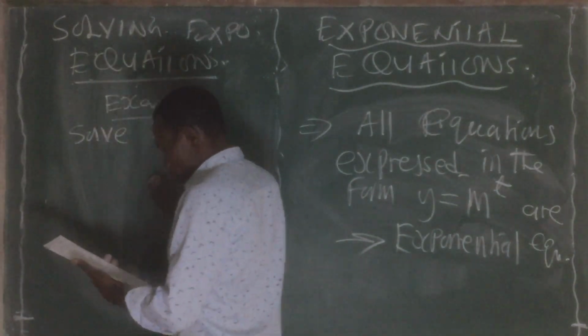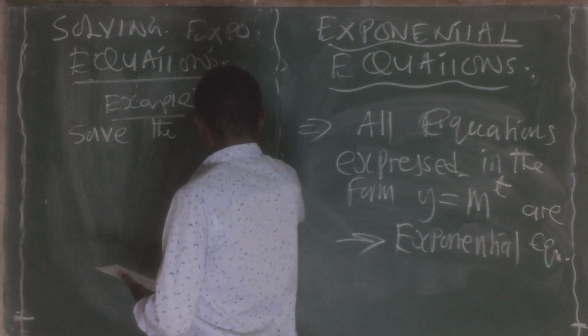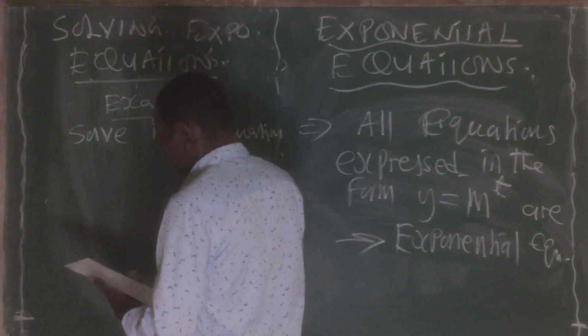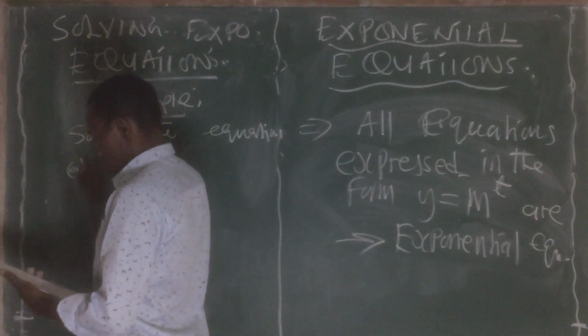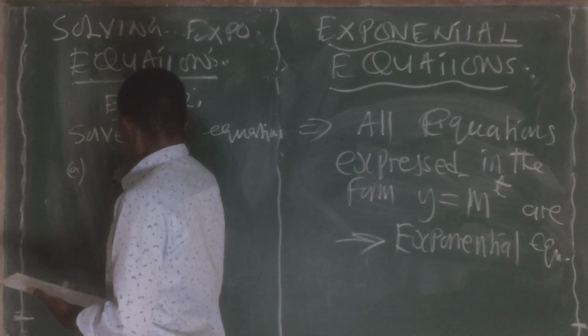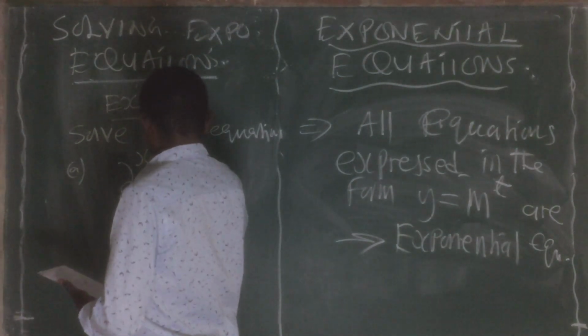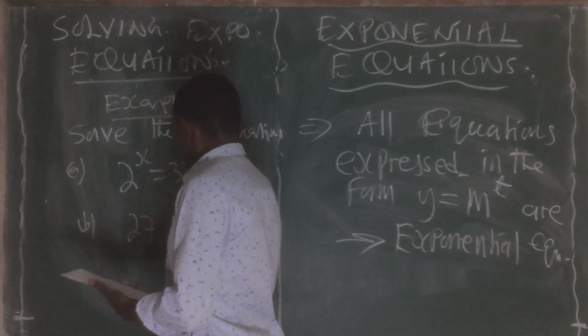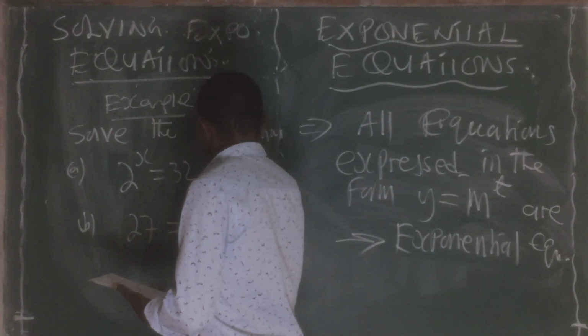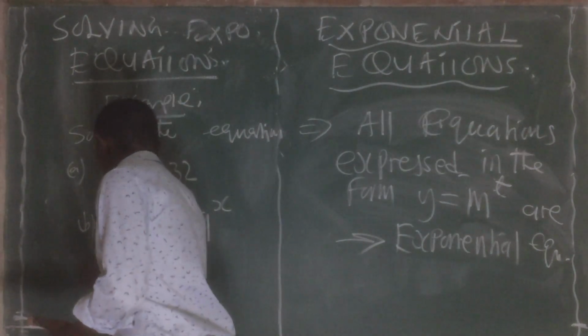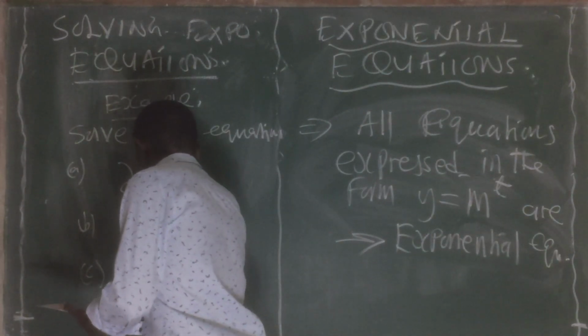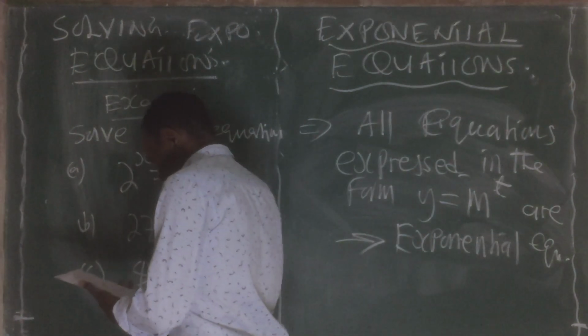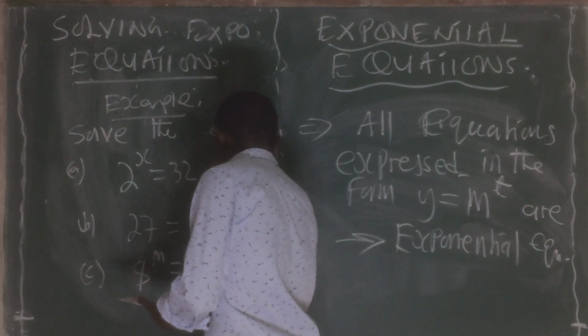Solve the equations. A, 2 to the power x is 32. B, 27 is equal to 9 to the power x. And C, 3 to the power x is equal to 0.25.